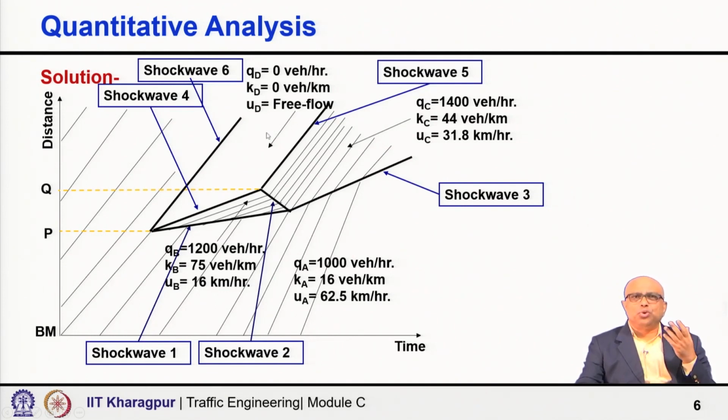So, with these 4 traffic states, how many shock waves will there be altogether? You know it, 6 shock waves are going to be created.